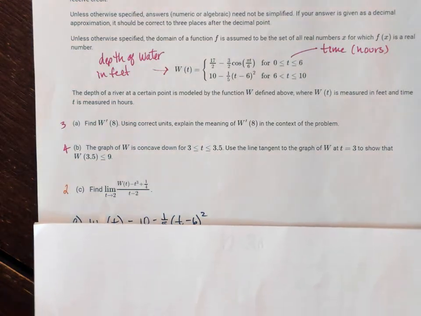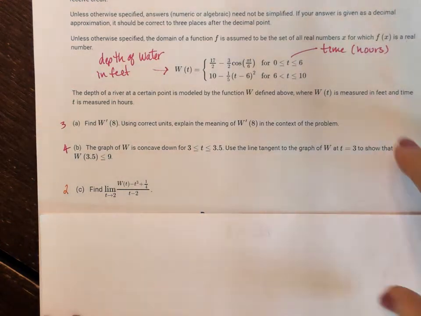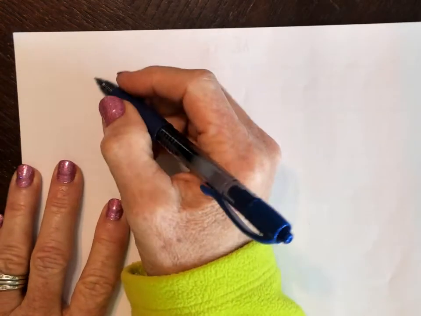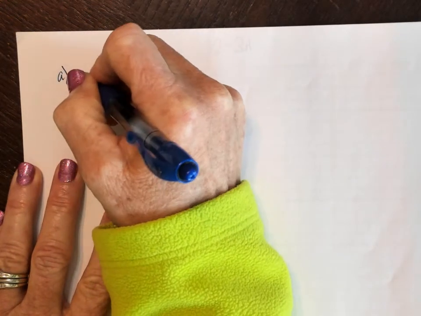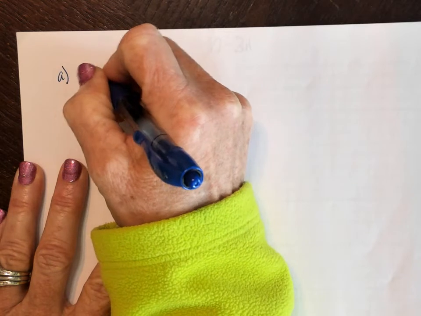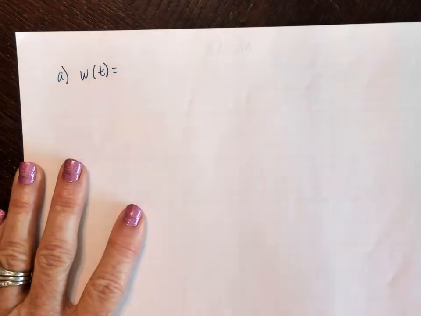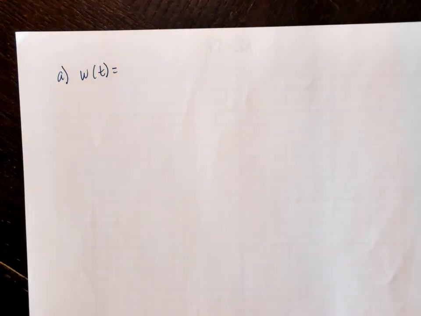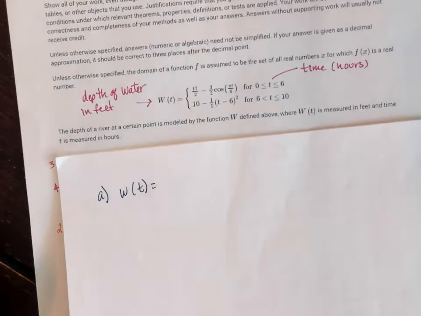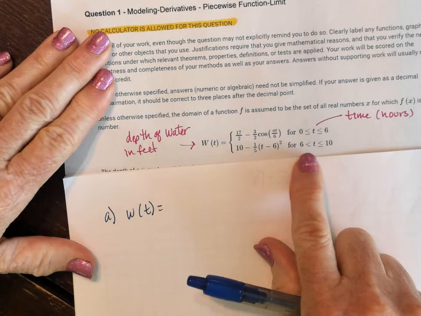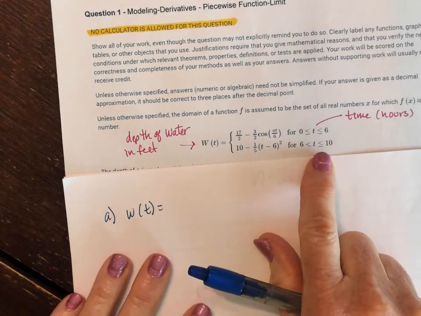All right, so part A wants you to find W prime of 8. I'm going to put this off to the side and use the paper because I've written on there already. For part A, because we want to find W prime at 8, we're going to have to use the bottom piece of that function because that's where the domain of 8 is.